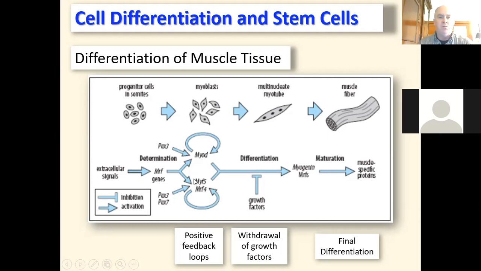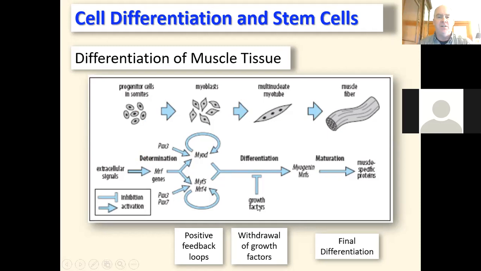So this is what makes a myoblast, the fact that you've got these 4 different transcription factors here that are supporting themselves and eventually going to cause the cell to differentiate into a muscle. So when you remove your growth factors, then these cause the expression of myogenin as well as these MyoFs, and that causes the differentiation to muscle cell.